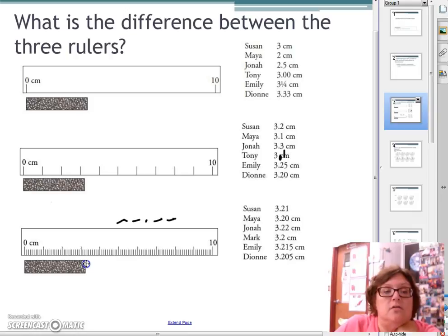Susan has said 3.21. That's valid. Maya, 3.20 is valid. Jonah, 3.22 would be fine. Mark needs an additional digit, just like before. Well, actually, it was Tony that needed the additional digit. Emily and Dion still are very precise, and you cannot read it that precisely.